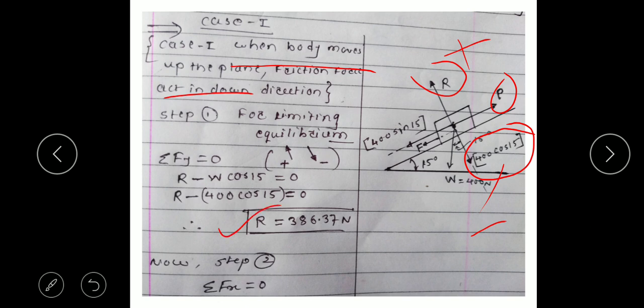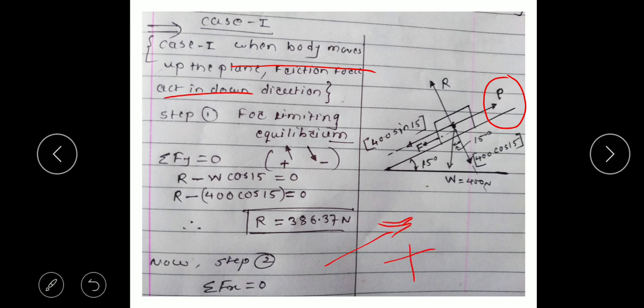Now step 2 is the summation of all the horizontal forces. Now see how many horizontal forces are in the diagram. Here P is the horizontal force we can see, but according to the sign convention this force means positive because this force is going upward, and a downward force means negative. In this diagram we can see P is going upward, so positive.